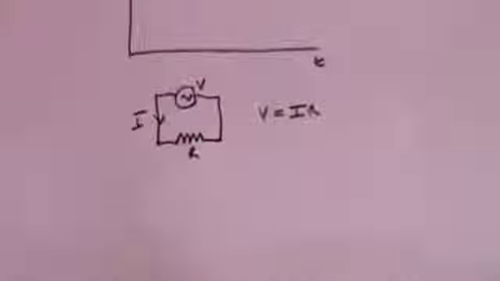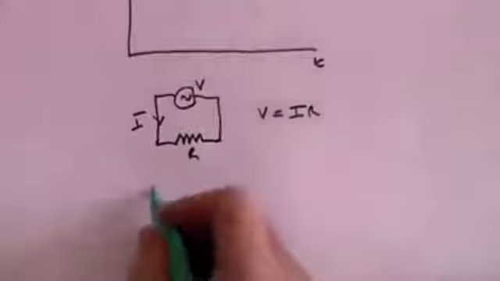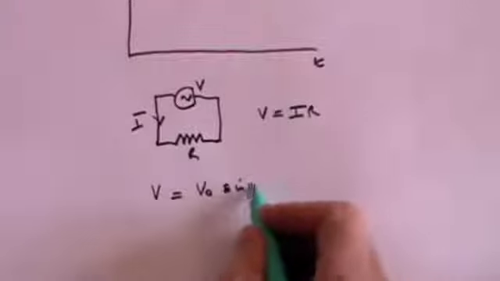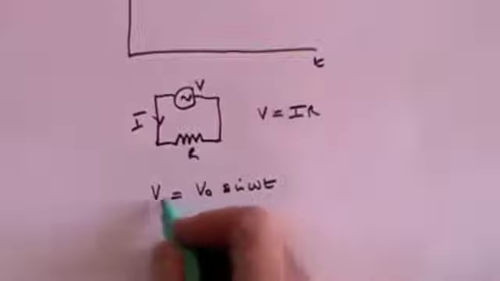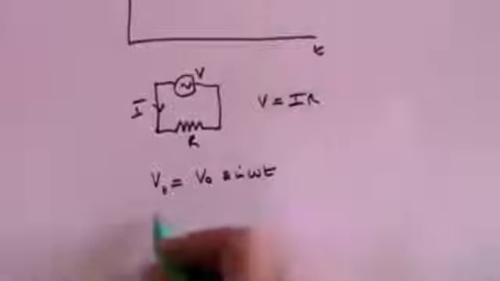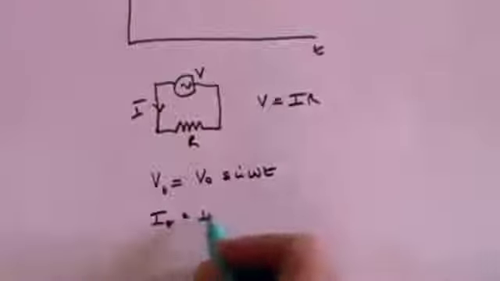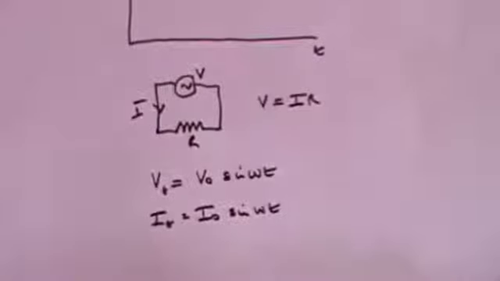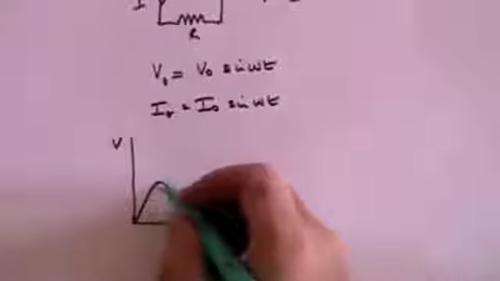The mathematical representation of that is that V equals V naught sine omega t. That's V at any time t. And the current at any time t is equal to I naught sine omega t. So if we plot these on a graph, first we'll plot the voltage. That will have a sine wave shape.